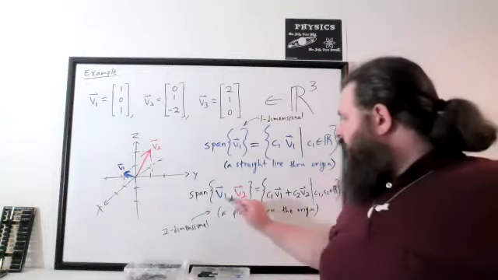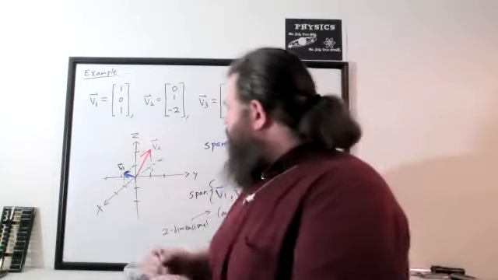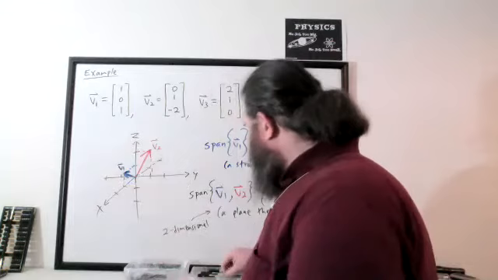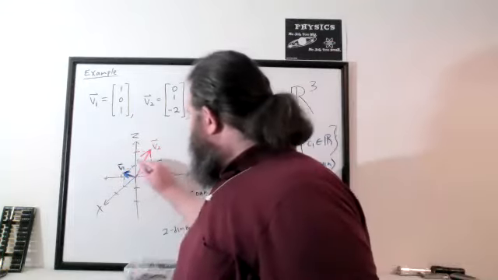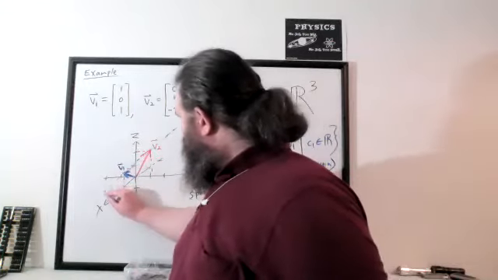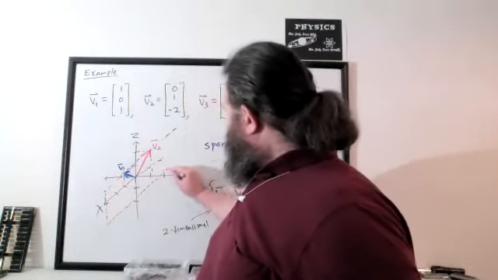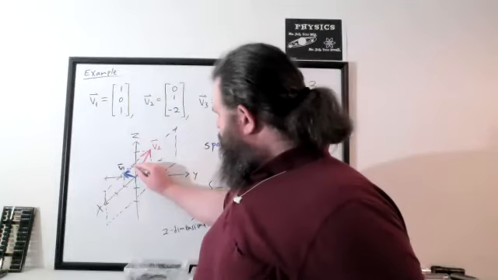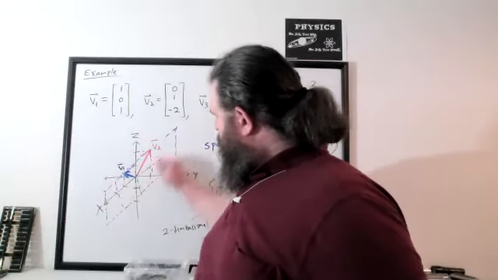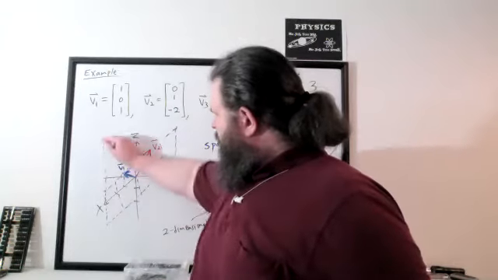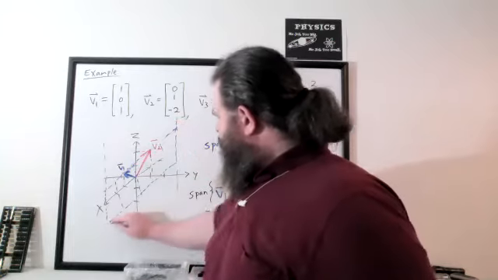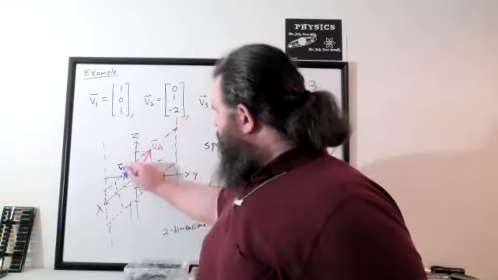Like if you've got just these two vectors, you can get to anywhere on this plane. Let me see if I can draw that out. So we've got this plane that keeps going forever in these two-dimensional directions.